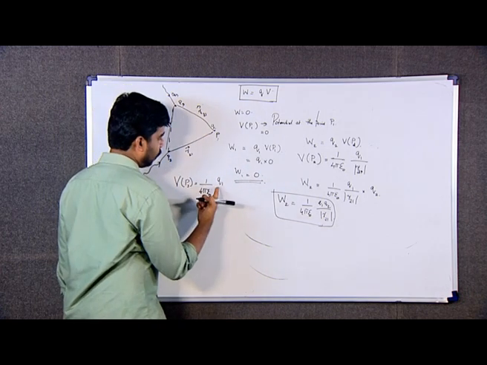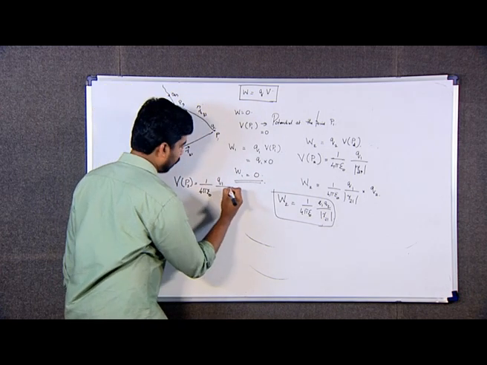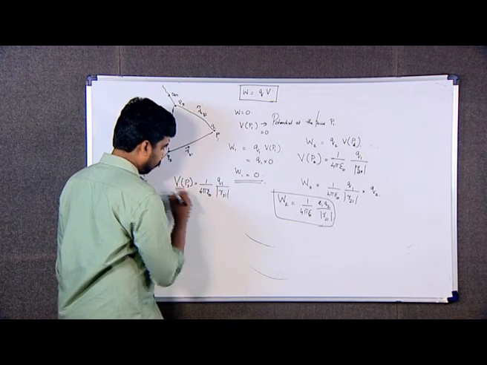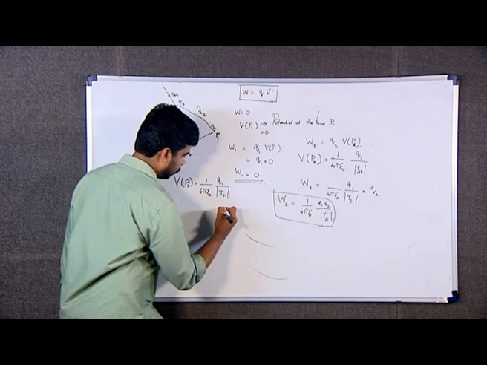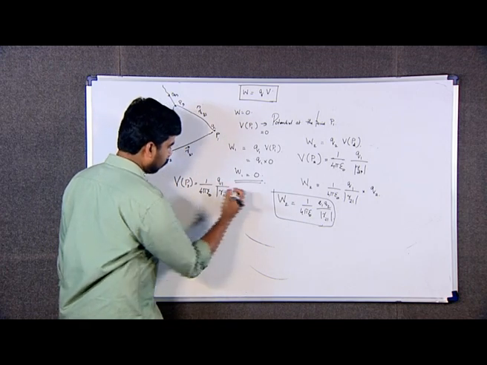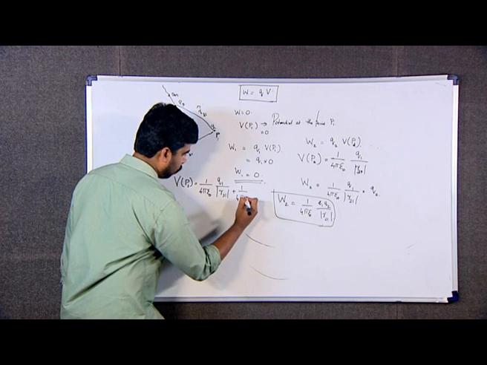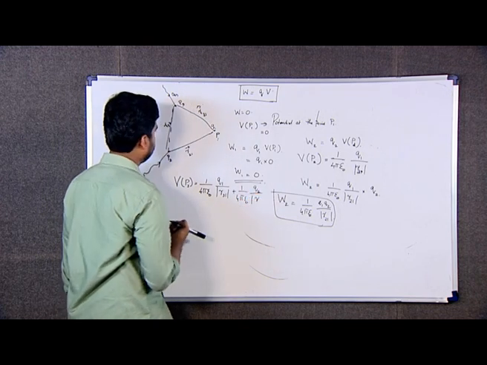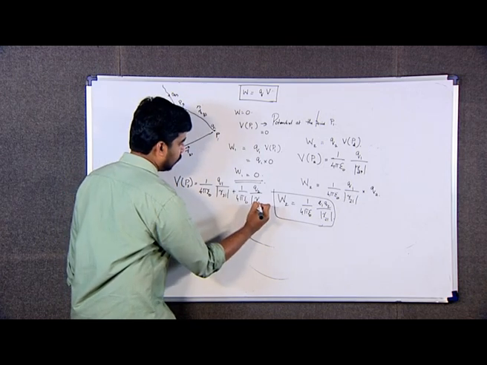So, Q1 divided by modulus of R31 plus 1 by 4 pi epsilon 0 Q2 by modulus of R32.